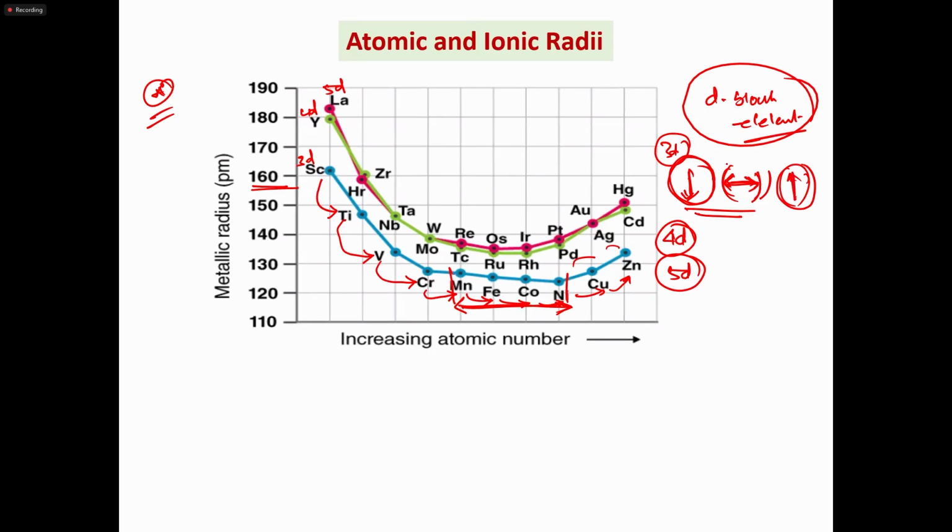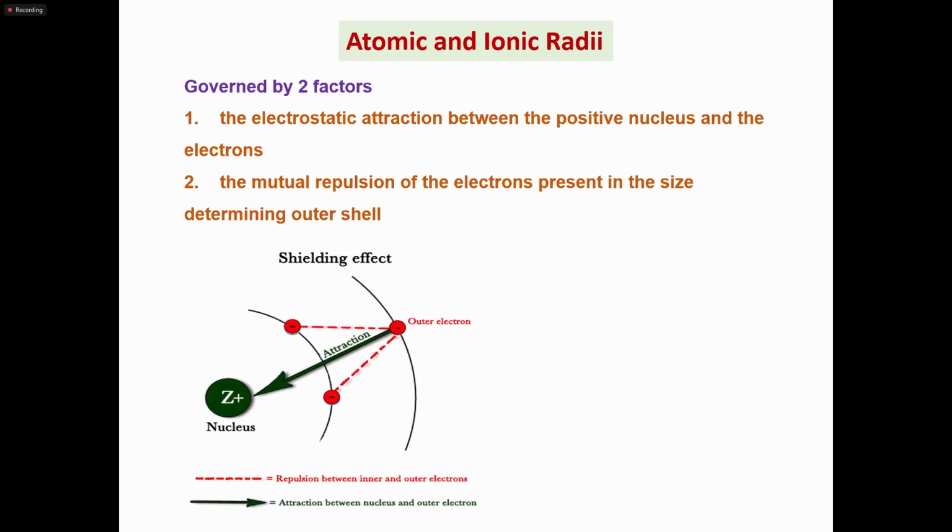So to know the reasons for this, we have to know the shielding effect. There are two important factors: the electrostatic attraction between the positive nucleus and the electrons, and the mutual repulsion of the electrons.